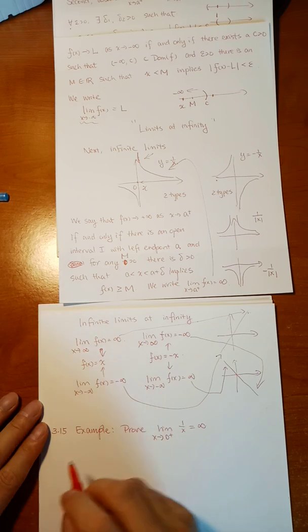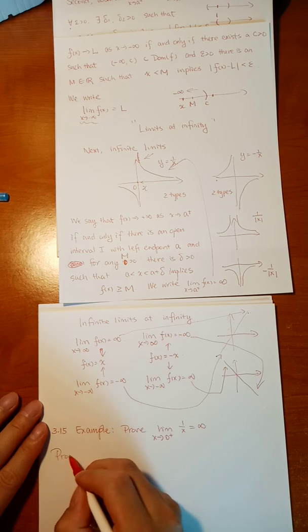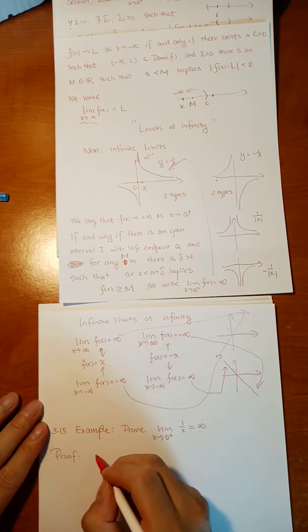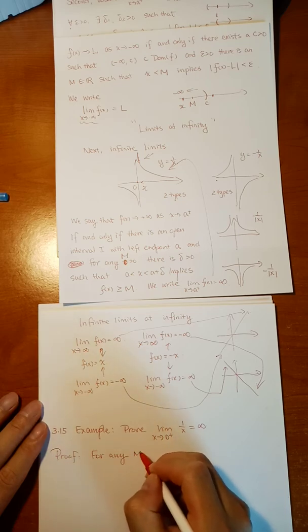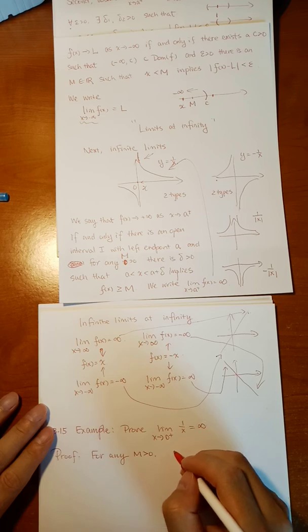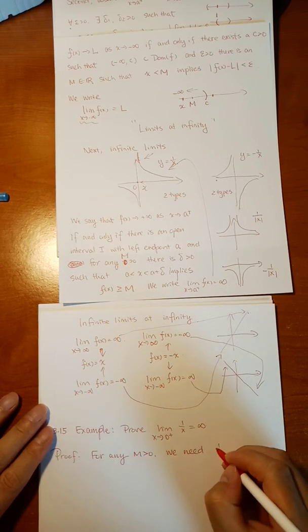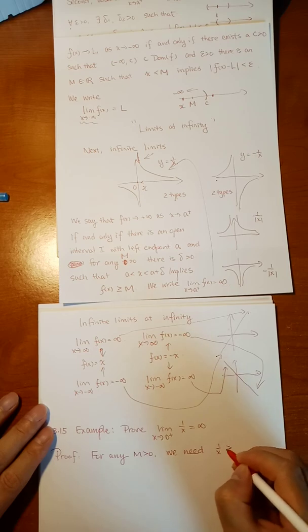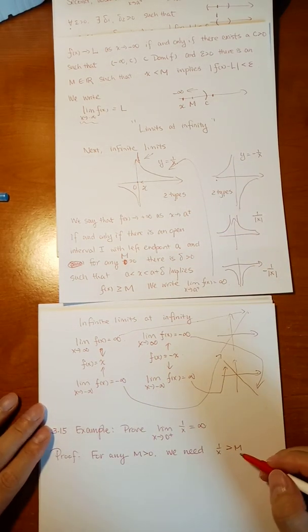Okay, so let's see. We show that, proof: for any M greater than 0, we need 1 over x to be greater than M, right? 1 over x should be sufficiently large.